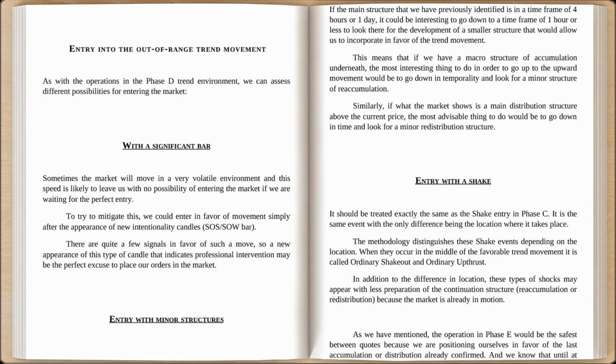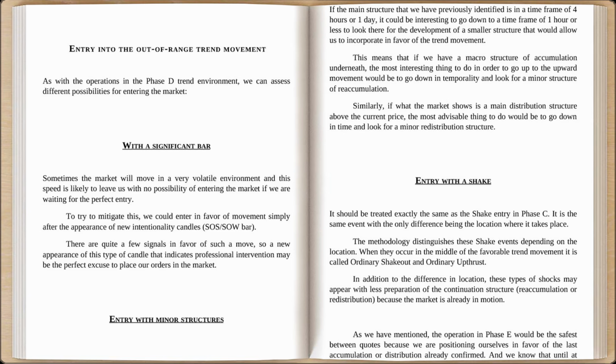Entry with minor structures. If the main structure that we have previously identified is in a time frame of 4 hours or 1 day, it could be interesting to go down to a time frame of 1 hour or less to look there for the development of a smaller structure that would allow us to incorporate in favor of the trend movement.